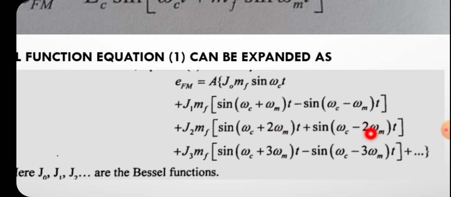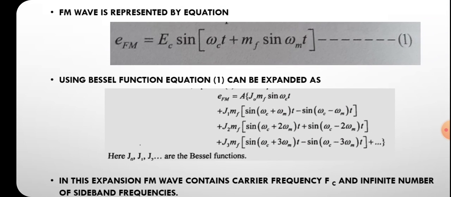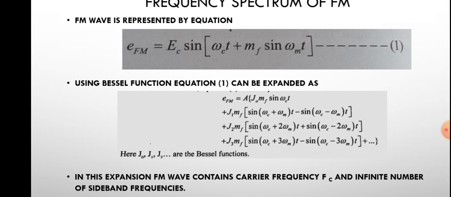So from this equation you can see that the FM wave contains an infinite number of frequency components, situated to the right and left of the central frequency fc.